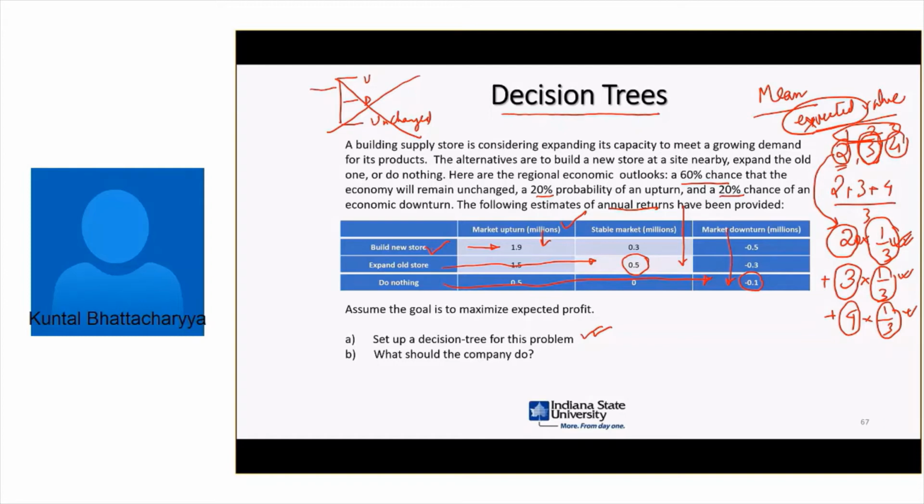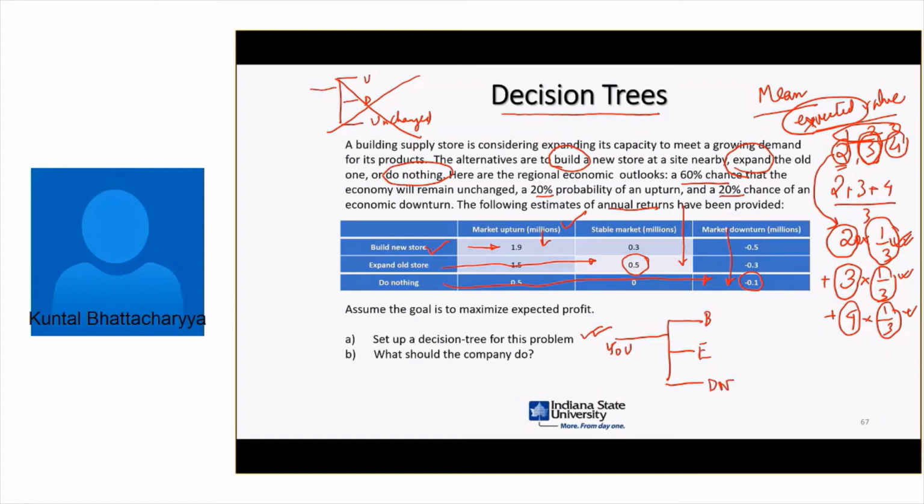So your options are to either build, expand, or do nothing. So if this is you and this is where you start, you have not made a decision yet, you have 3 options in your hand. Either you build, either you expand, or you do nothing.